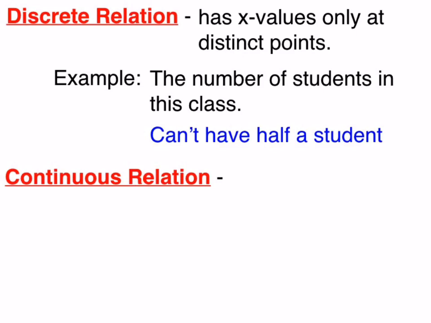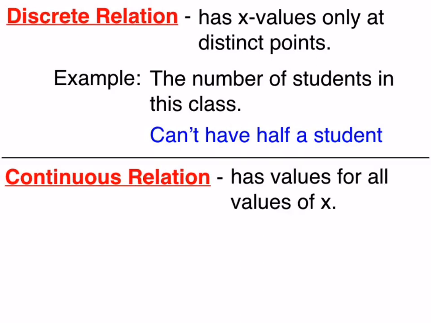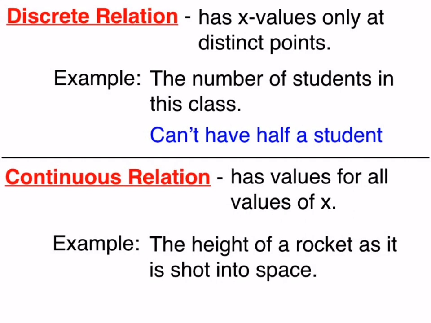And you may want to add something about that to your notes. Discrete relations, we don't connect the dots together. Whereas continuous relations, we do, because continuous relations have values for all x values. And to me, a perfect example of that would be like the height of a rocket as it is shot into space. And the reason why that's continuous is because it could be at 1,000 feet.